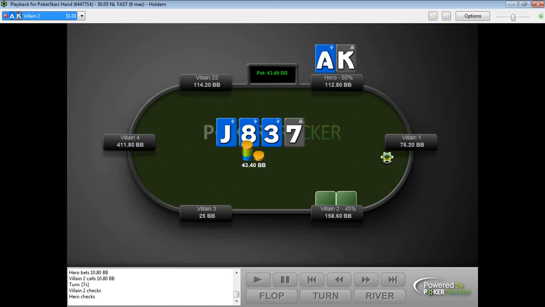So by not continuing to have the initiative on the turn, I have capped my range, and I have told him I don't have a flush, because if I had a flush, I'm definitely betting on the turn. So, bad job with this check here.